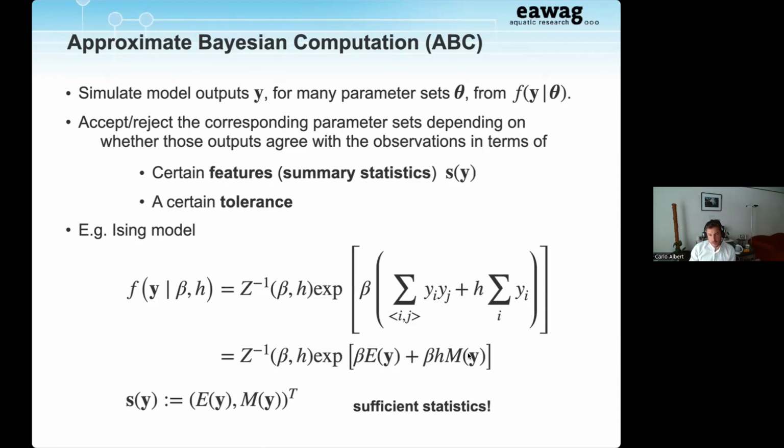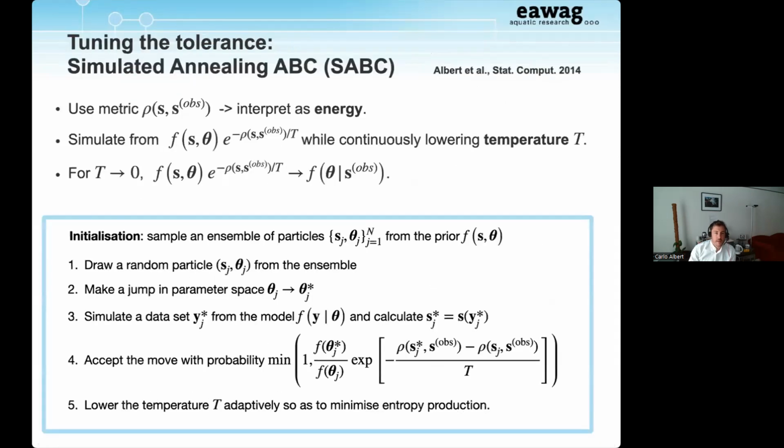So these are called sufficient statistics, but typically we will not be able to find sufficient statistics in real applications. So in this talk, I want to focus on the first problem of how to find good summary statistics. But before I do that, I would still like to advertise a little bit the other thing. So how to find a good tolerance.